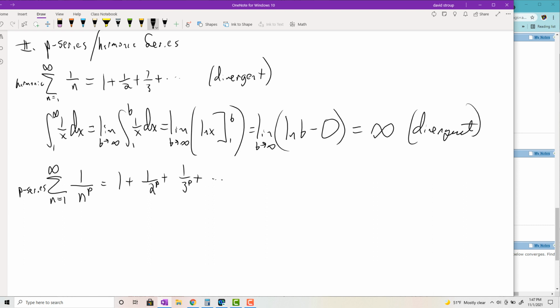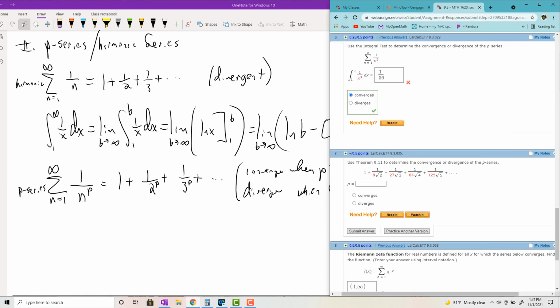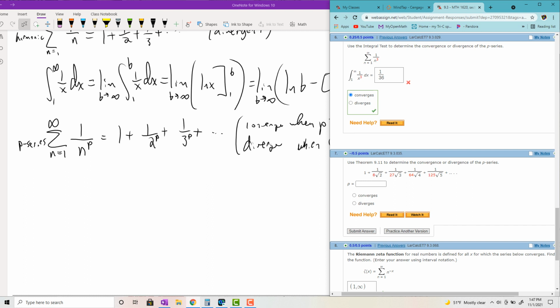And this thing will converge when p is greater than 1, and diverge when p is greater than 0 and less than or equal to 1. You should be able to just look at these series and know when they diverge or converge.